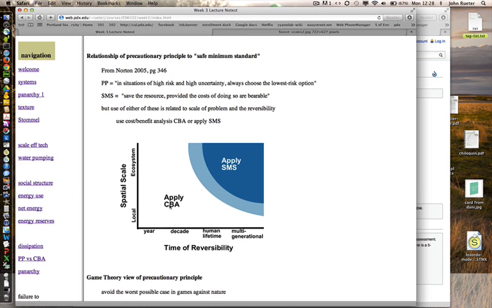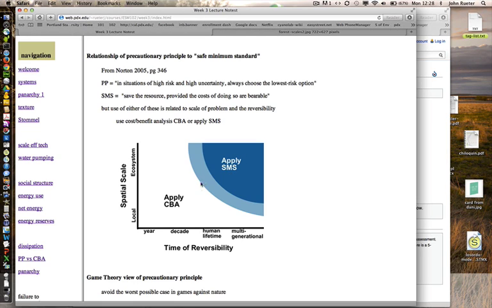It's not just a simple ratio, but it pays attention to all of those things. So it's more a financial argument. If it's either really large or it's multi-generational in its impact, then you should apply the safe minimum standard, which is another formulation of the precautionary principle, which means avoid the really downside risk because it's irreversible. Whatever you're going to do, if you do that and it has some unintended consequences, that's going to be severe.